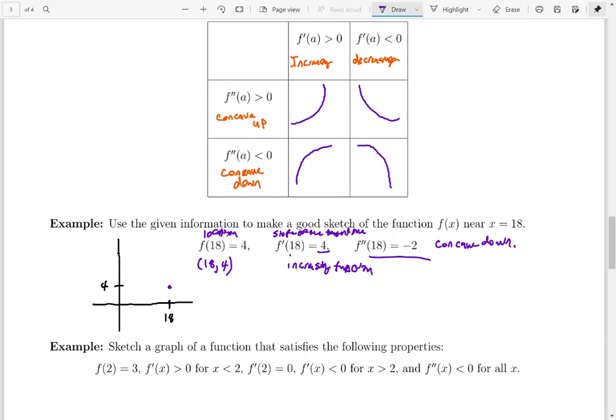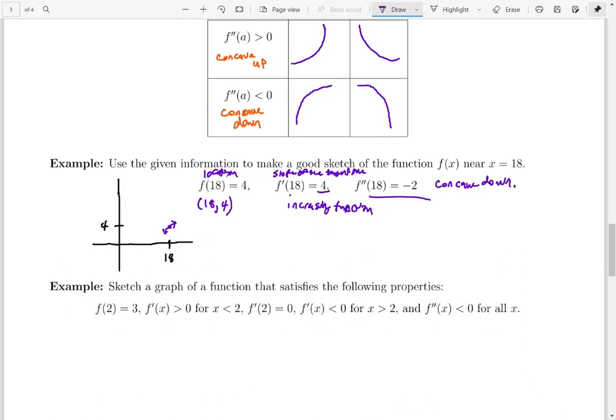And so we know that it's increasing and it's concave down. So concave down increasing through that part of the function. We can't sketch much, but I claim that that small section there, I've just added the arrows on the end, is close enough. We can't really sketch an awful lot more because we don't know much more about the function. We only know at that specific point.